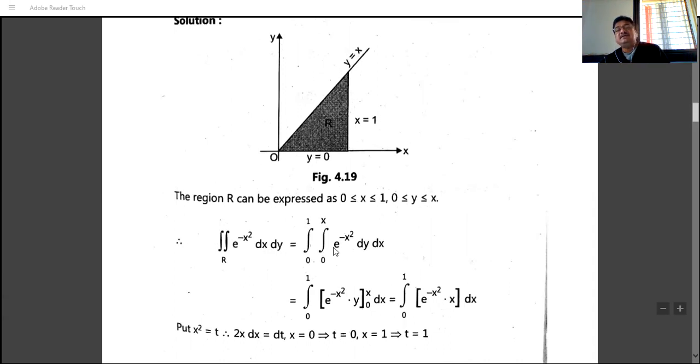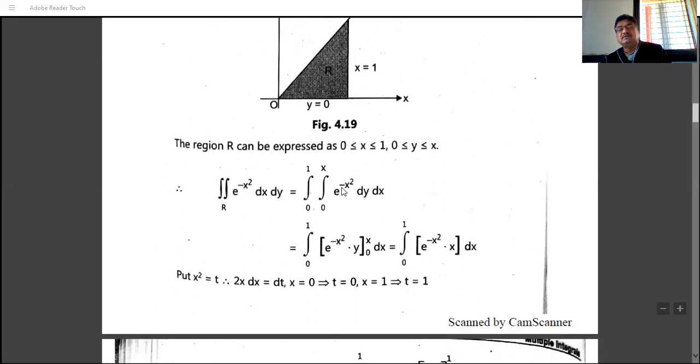Now we have to decide whether to integrate with respect to y first or with respect to x first. If we integrate e raised to minus x square with respect to y first, then what is the advantage? The e raised to minus x square becomes a constant with respect to y.